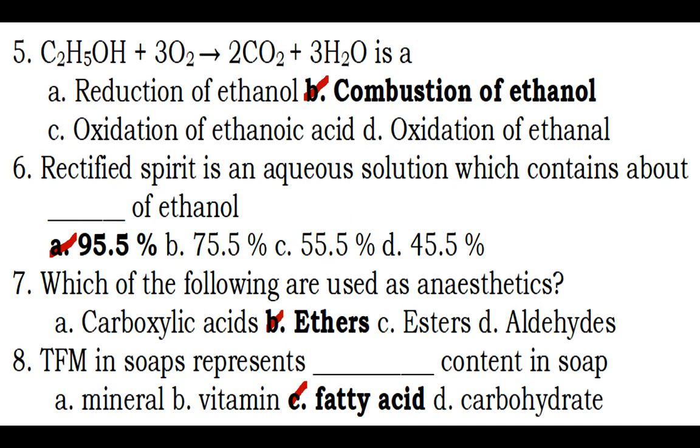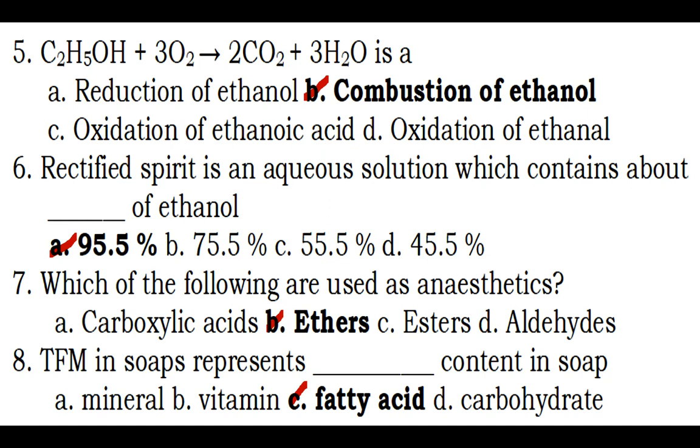C2H5OH plus 3O2 gives 2CO2 plus 3H2O is a option B, that is combustion of ethanol. Question number 6. Rectified spirit is an aqueous solution which contains about dash of ethanol. Option A, 95.5% ethanol.